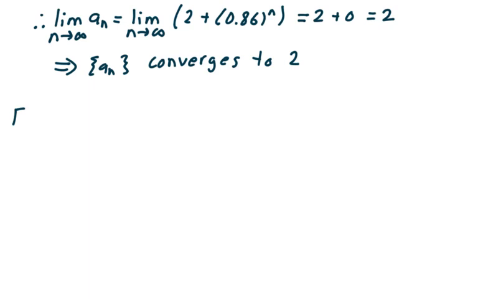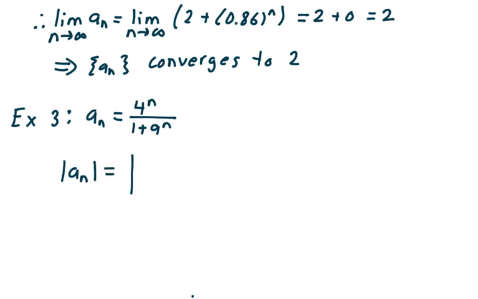Let's take a look at example 3. Suppose a sub n is 4 to the n divided by 1 plus 9 to the n. Now, I'm going to take a look at the absolute value of a sub n.